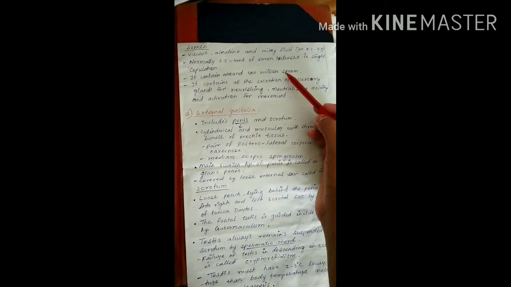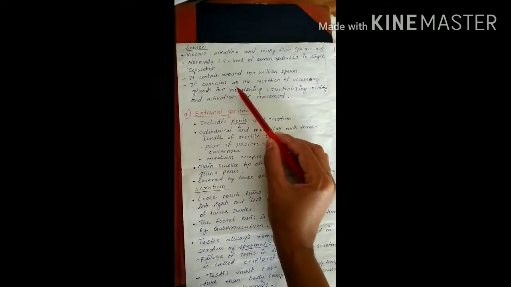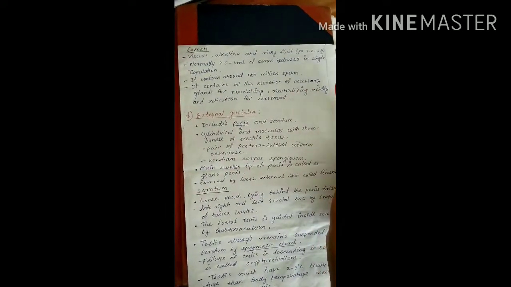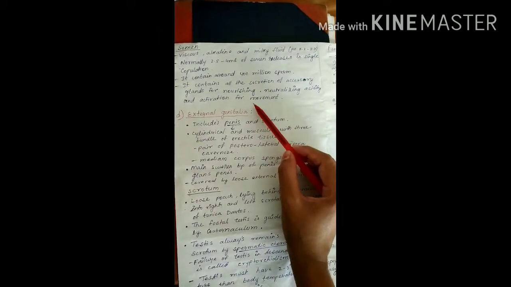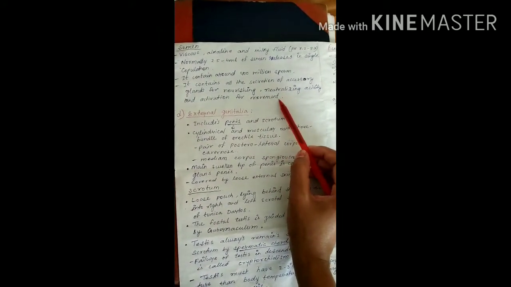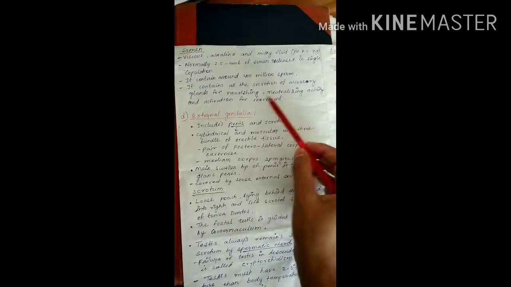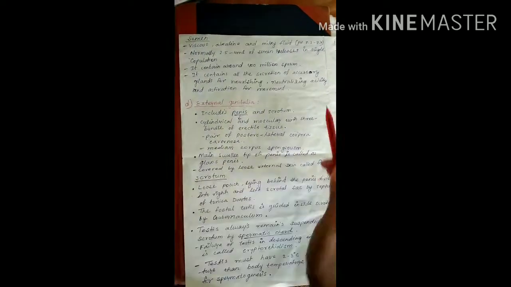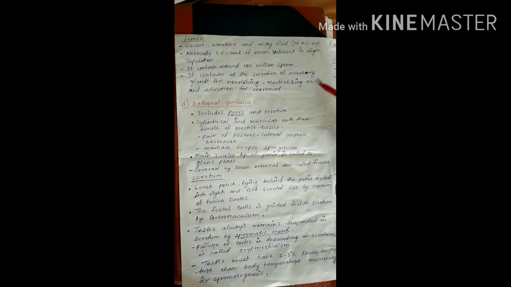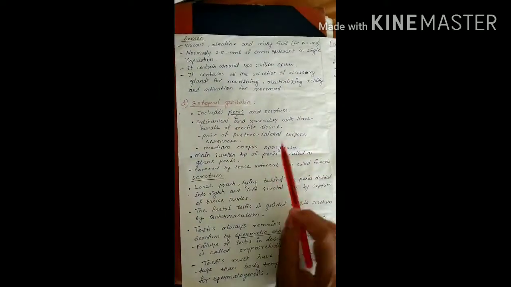In case some are destroyed, others will reach the egg. It contains all the secretions of accessory glands for nourishing, neutralizing acidity and activation for movement. So it's also an important point. If you have to write about semen, you can write these points.